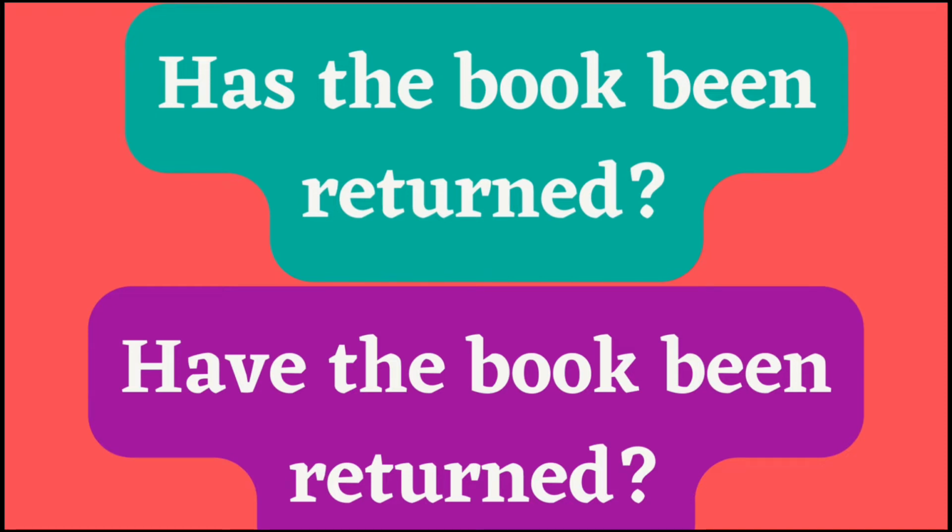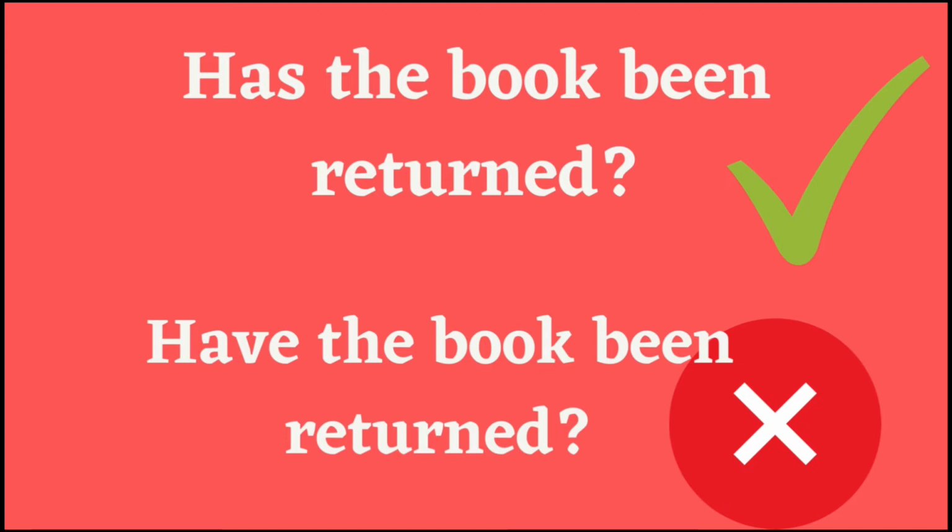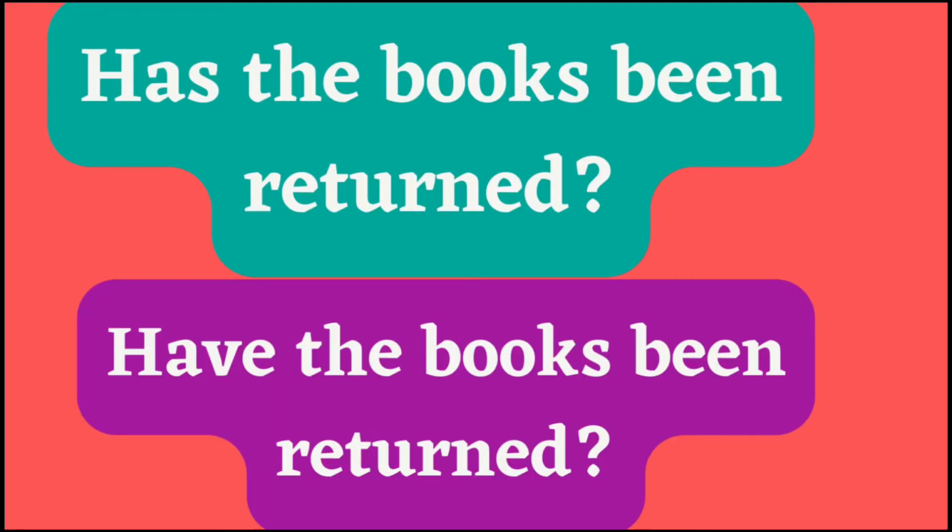So book is a noun, and this is a singular form of book. So has goes with a singular noun. So the first one is the correct way to frame the question. So, has the book been returned, not have the book been returned.